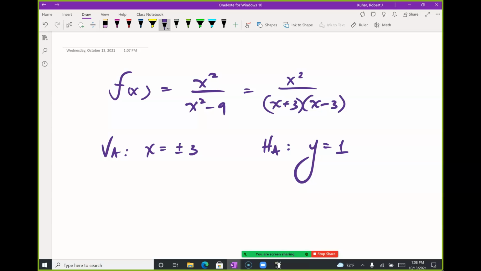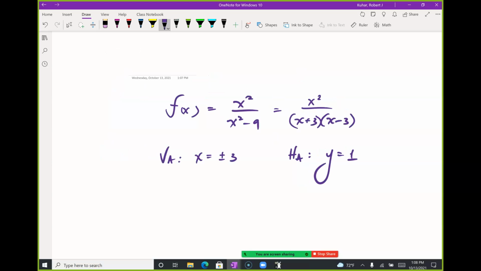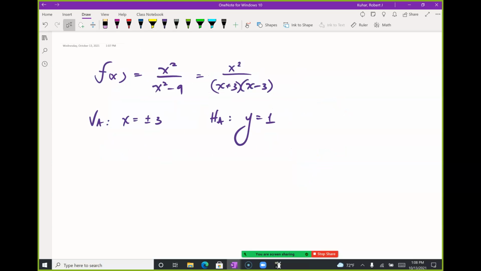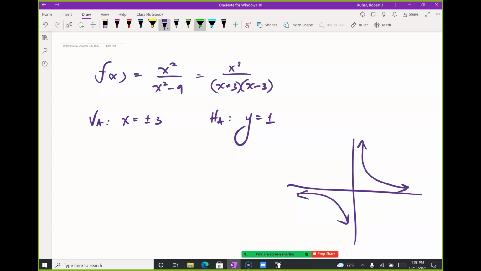They cancel. So I just get the ratio of the leading coefficients. It's 0 if, say, the bottom was x cubed. Exactly. So if I had x squared over x cubed, that reduces to 1 over x, and 1 over x, of course, has a horizontal asymptote of 0. Got it. Yep.